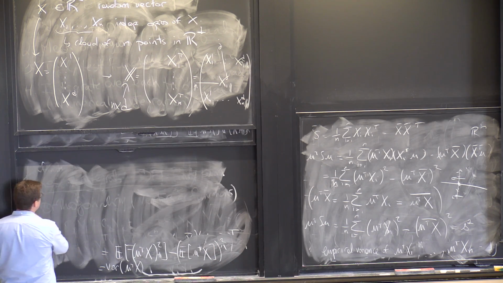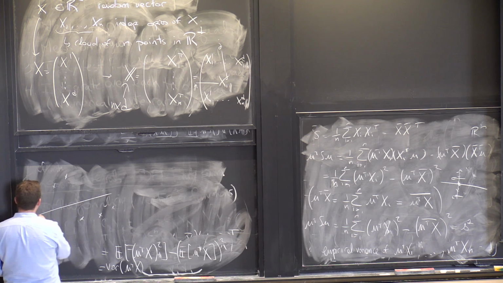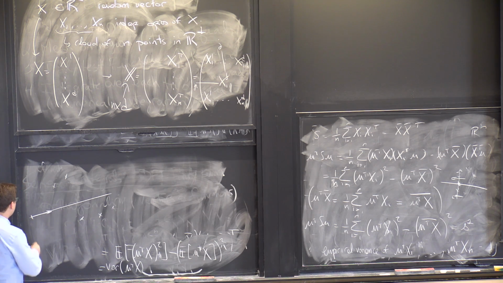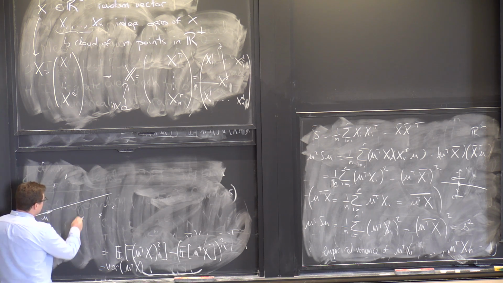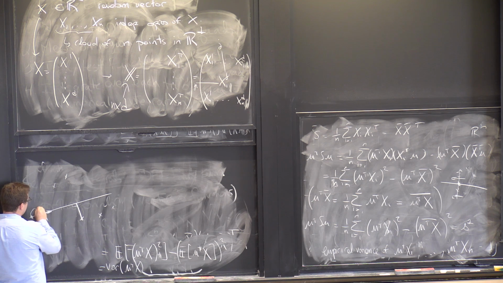Let's say I have a bunch of points, and U is a vector in this direction, and let's say that U has norm 1. So this is 0, this is U. What is the coordinate of the projection? What is the length of this guy here?